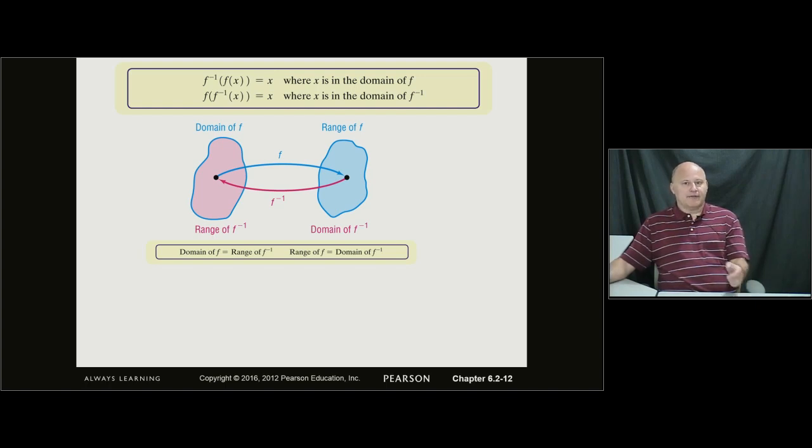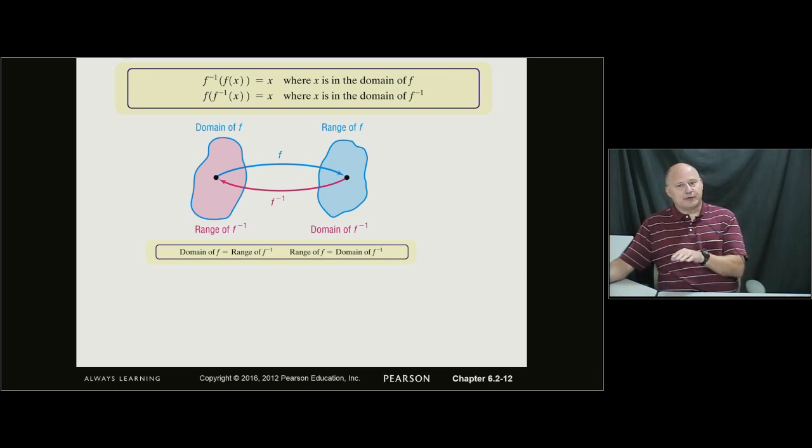So if I'm asking you for the range of the inverse function, and I give you the function itself, what do you have to do to find the range of the inverse function? Well, you'll need to find the domain of the given function. So finding the domain of the given function is equivalent to finding the range of the inverse function.